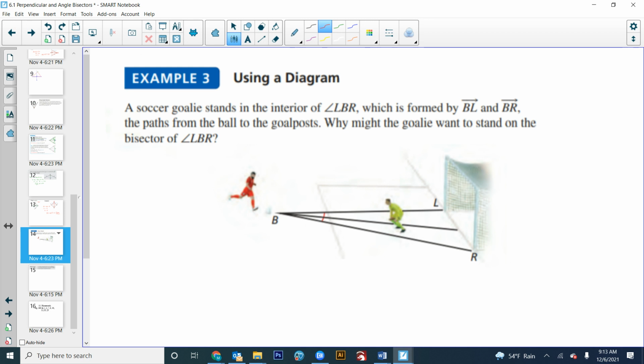Because if the player is out here, at point B, the goalie would move over to there, wouldn't they? To be on the angle bisector. You ever play tennis? Returning the serve. Here's your box. There's the server. You want to be on the angle bisector of the box. Basketball, you want to defend. You got the backboard, the rim. You want to be on the angle bisector in your defense, unless you're playing like zone or something.